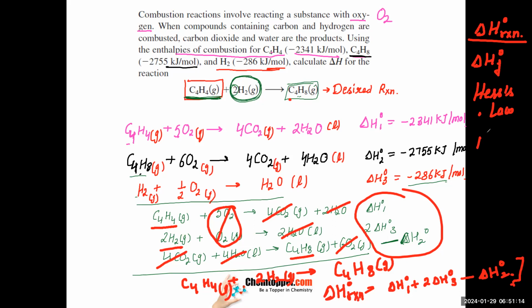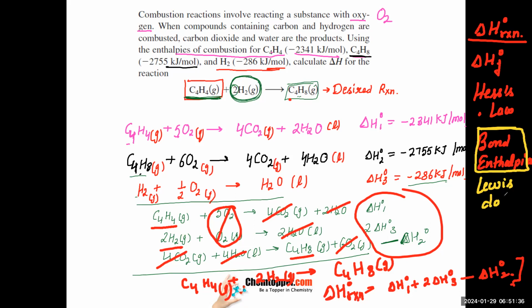Third method is bond enthalpies. We are going to use bond enthalpies values to calculate the delta H of the reactions. For these bond enthalpies, you should know how to draw the Lewis dot structure.